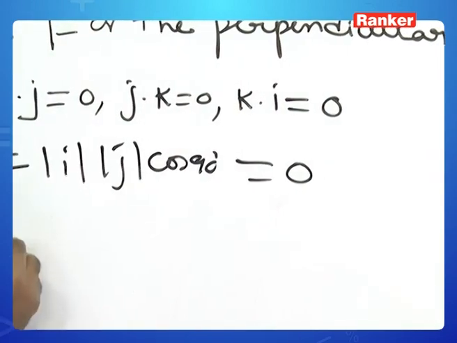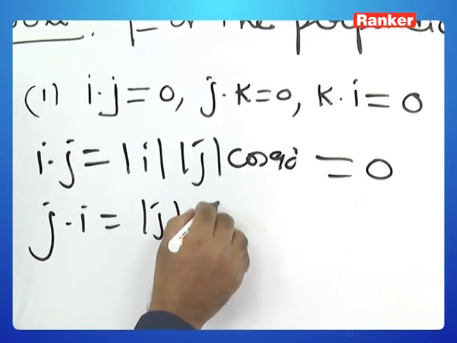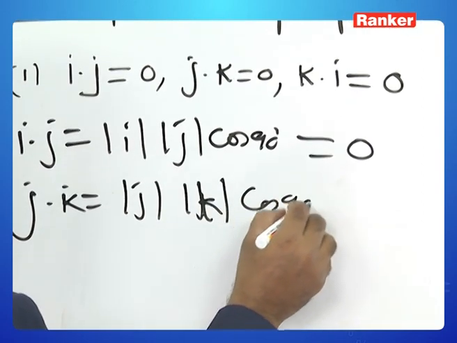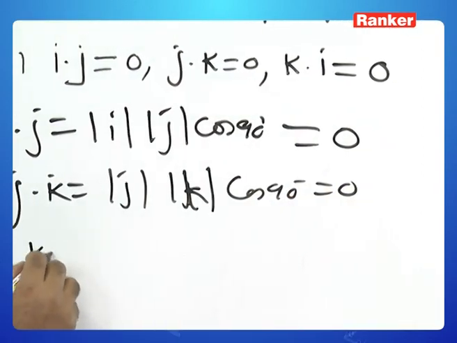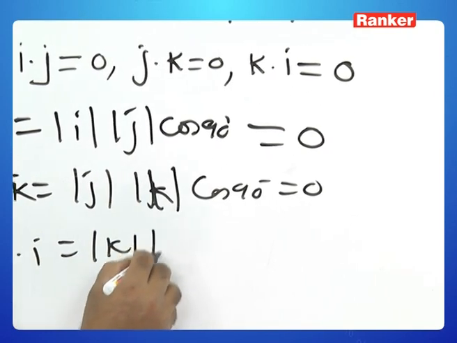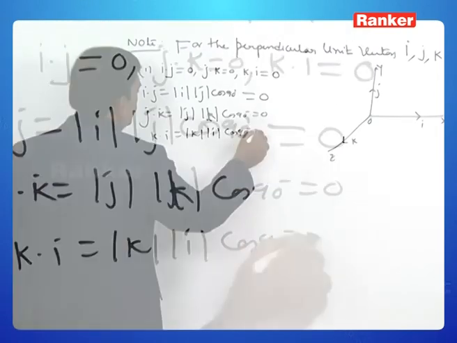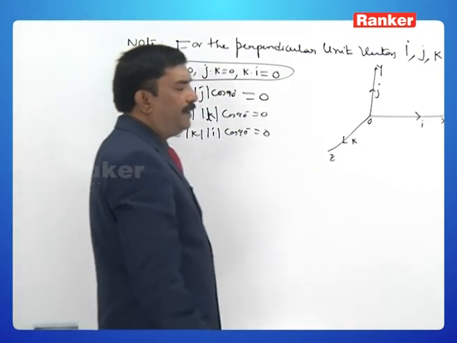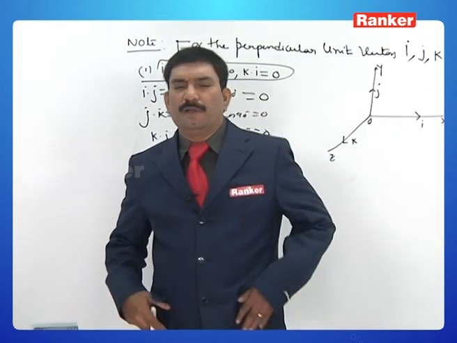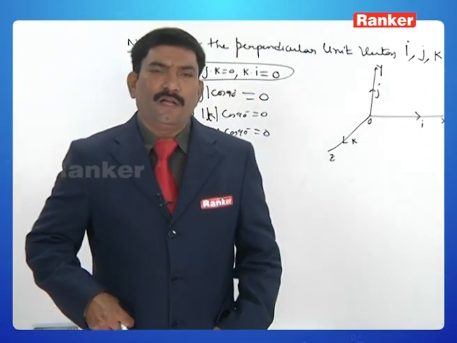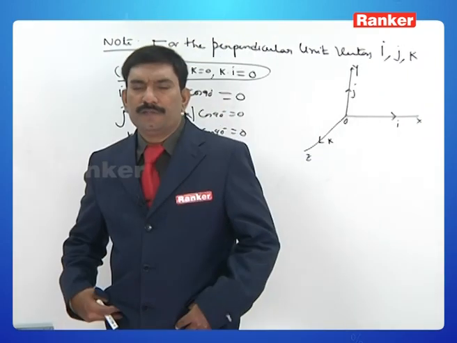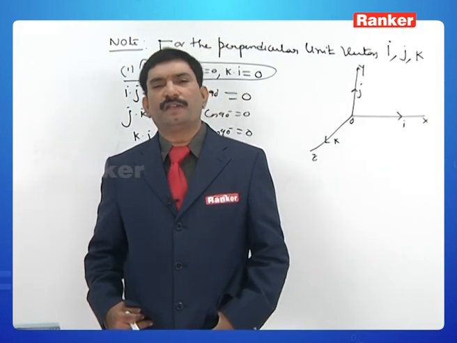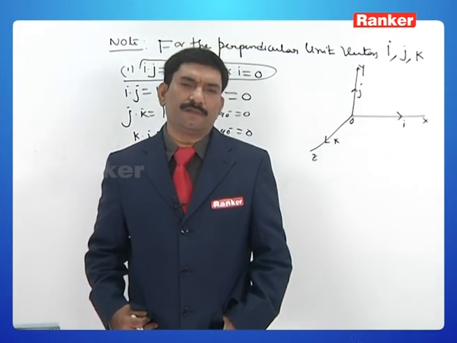Similarly, j dot k is mod j mod k into cos 90, which is 0, and k dot i is modulus of k modulus of i into cos 90, also 0. So hereafter, whenever you come across perpendicular unit vectors, i dot j is equal to 0, j dot k is equal to 0, k dot i is equal to 0.